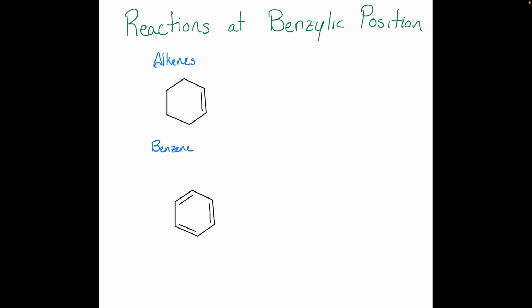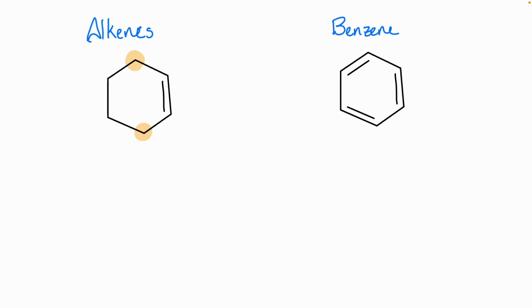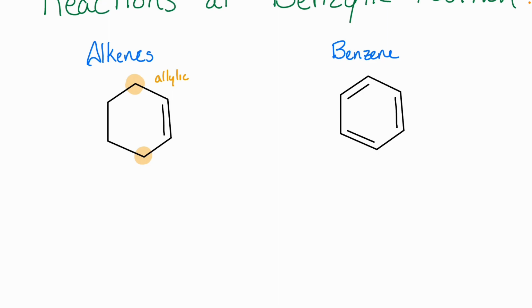We had a special name for this position right here. One carbon removed from the double bond. What was that called? The allylic position. All right, for benzene, similarly, if you're 1 carbon removed from that benzene ring, this is what we would call the benzylic position.